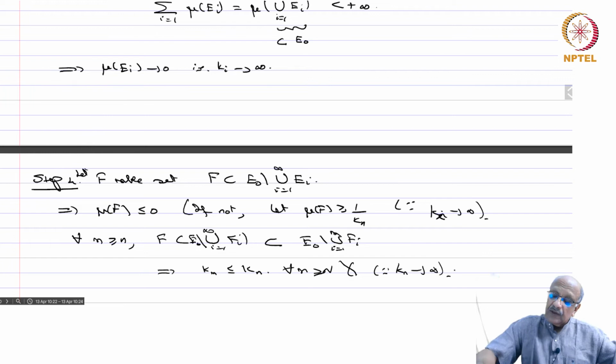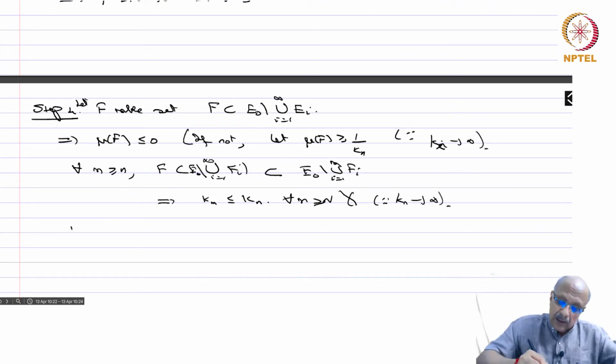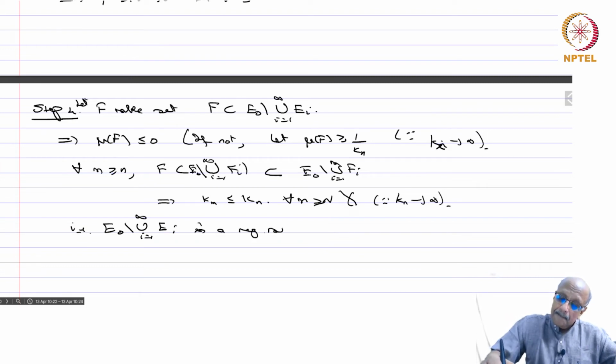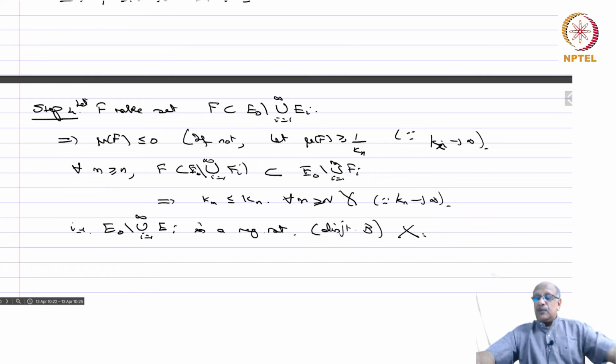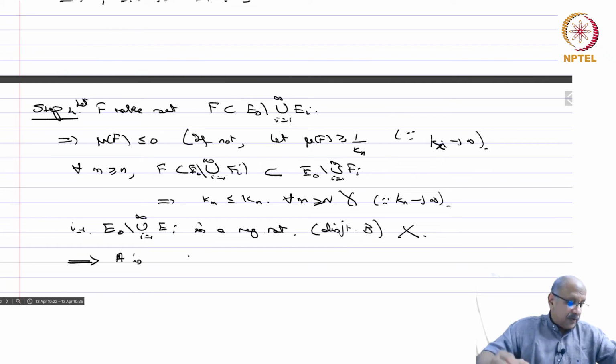So this is not possible, and therefore mu of F is less than or equal to 0, that is, E naught minus the union i equals 1 to infinity of Ei is a negative set, and it is disjoint from B, and that again is the beginning of step 2. It's a contradiction because you cannot have a set like this, and consequently A is a positive set.